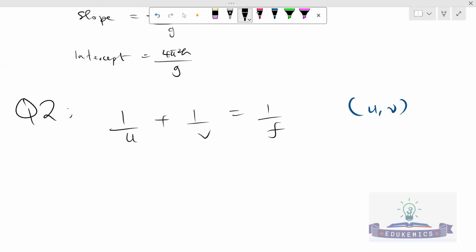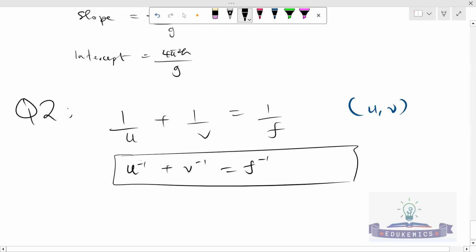Let's transform this equation such that we know what to plot on the y-axis and what to plot on the x-axis. If we plot the graph of u against v or v against u, we will not get a straight line graph, because we have u to the minus 1 plus v to the minus 1 equals f to the minus 1. So this is not linear.